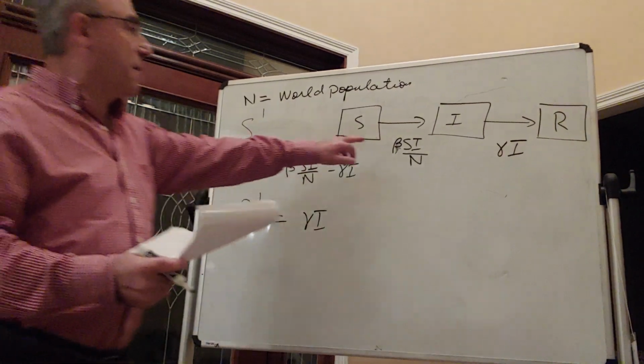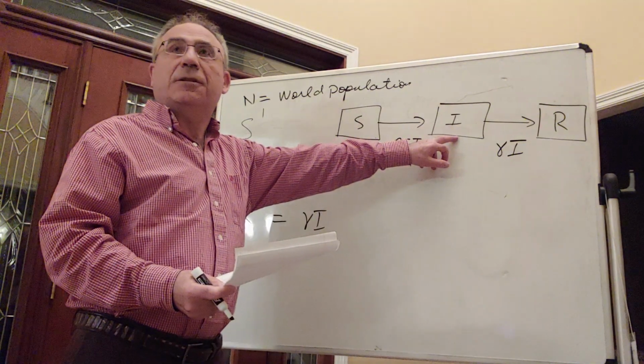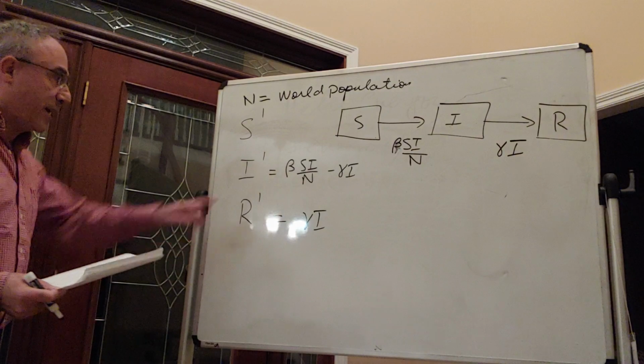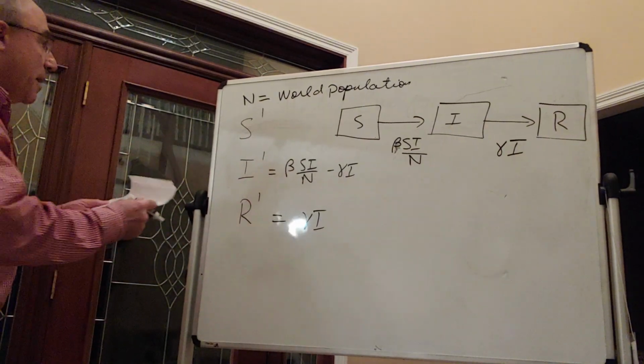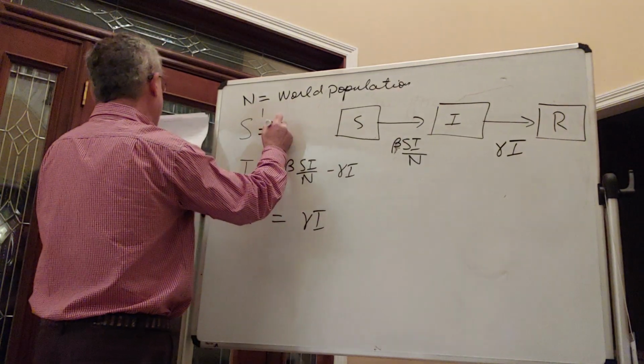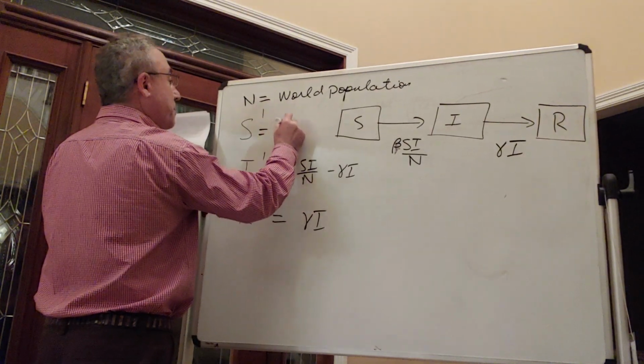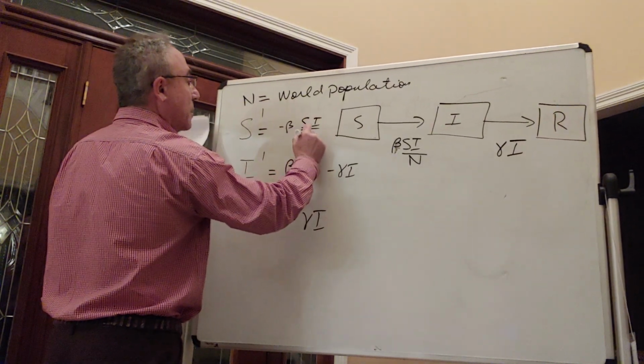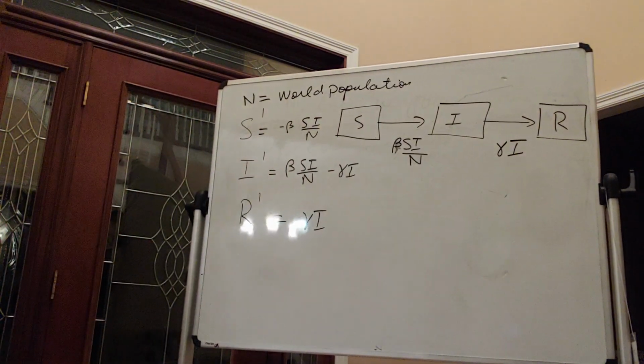Because these are the ones that entered into infected. And then we have S prime. They left the susceptibles, so that is minus beta SI over N. So that is the model.